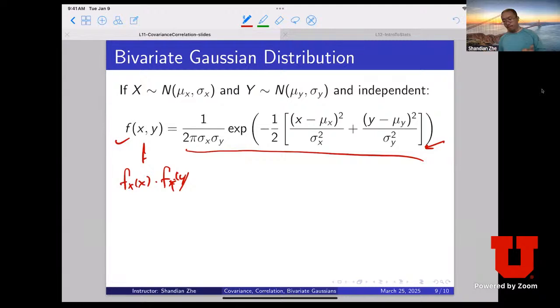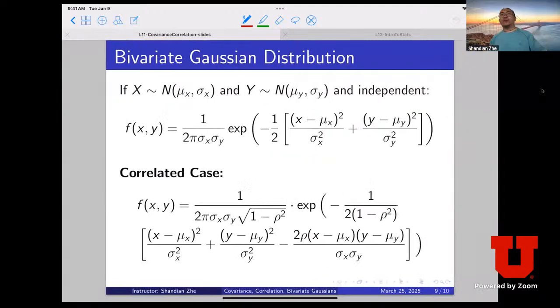And the joint probability density function in this case will be determined by the correlation coefficient as well. So this is the probability density function for x and y jointly when they're dependent. In the constant factor, you have the square root of 1 minus rho squared. Rho is the correlation coefficient we just introduced.